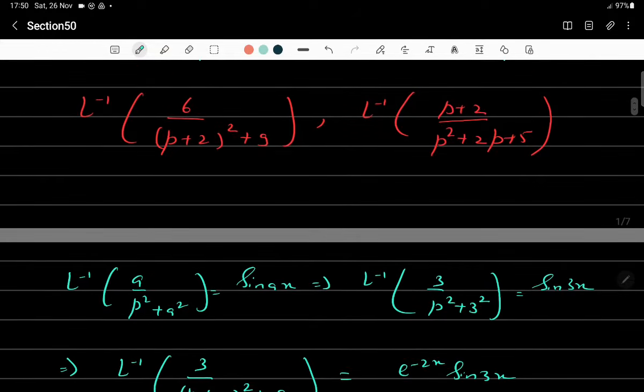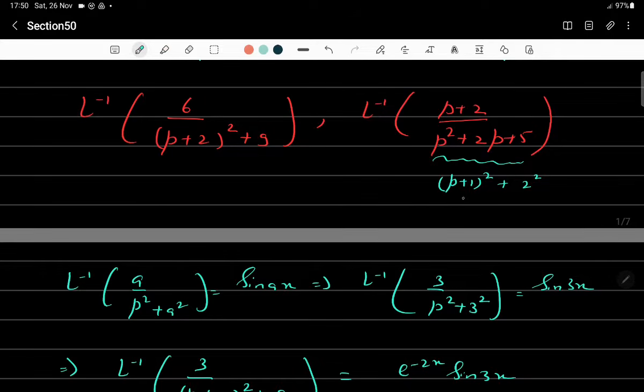Similarly, try to find Laplace inverse of (p plus 2) divided by p square plus 2p plus 5. If you see the denominator, it can be written as (p plus 1) whole square plus 2 square.